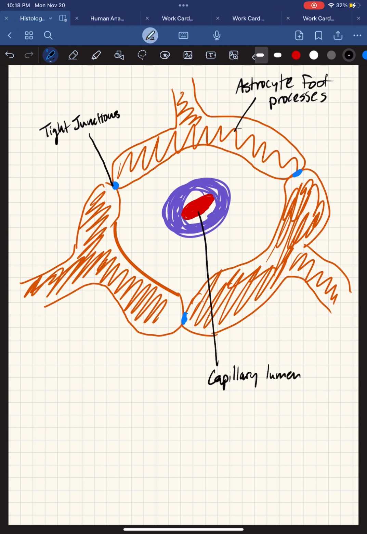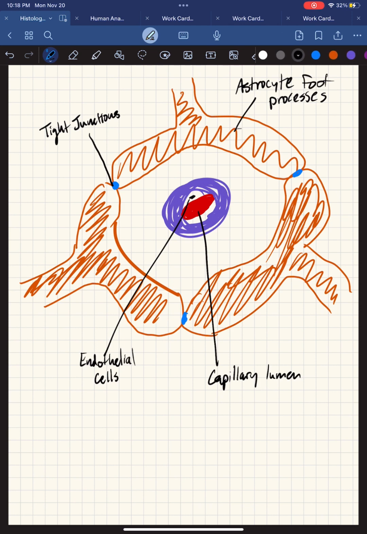Have we ever had to describe what these do? No, we just have to know they exist for the quizzes at least. So let's get them points. And the spaces in between are actually going to be endothelial cells.